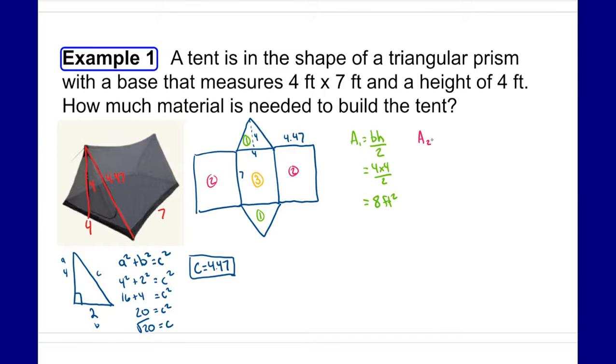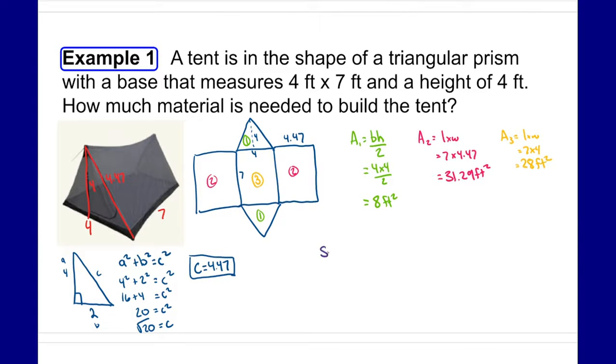For the side panels, length times width, 7 times 4.47 gives us 31.29 square feet. And then lastly, for the floor, length times width, 7 times 4 is 28 feet squared. Now I can find the surface area.